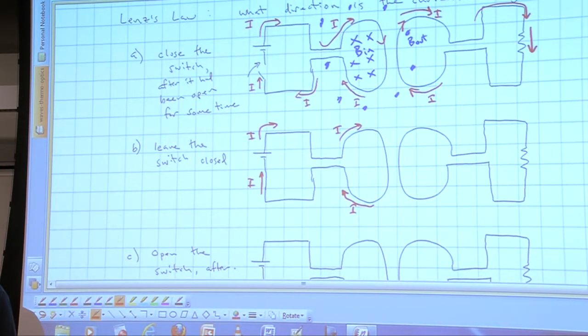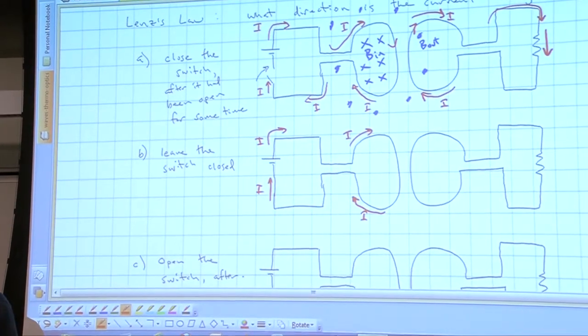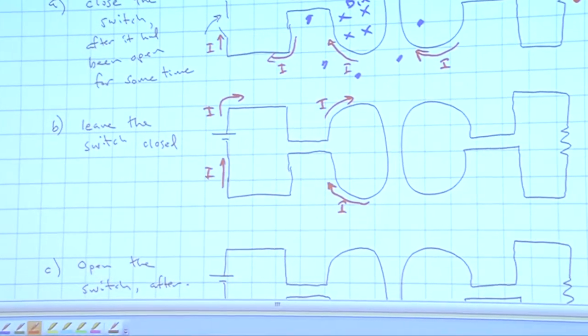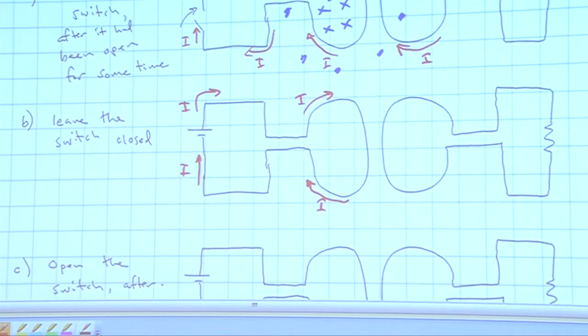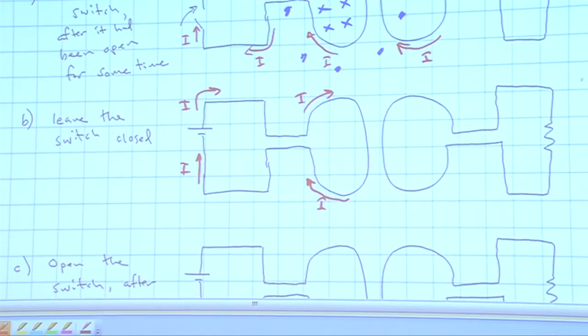What direction is the current in the right-hand side?